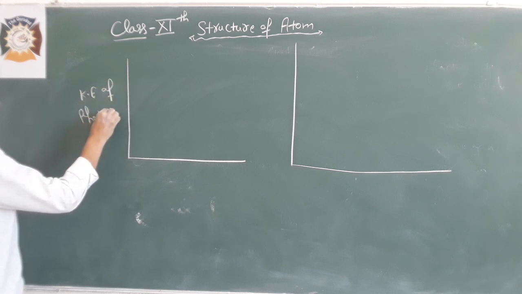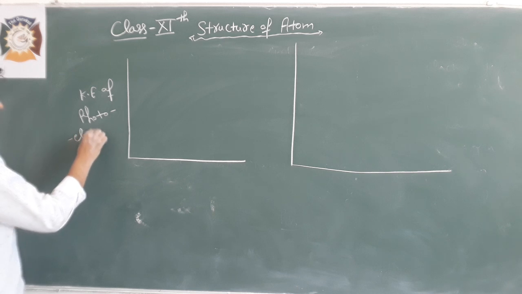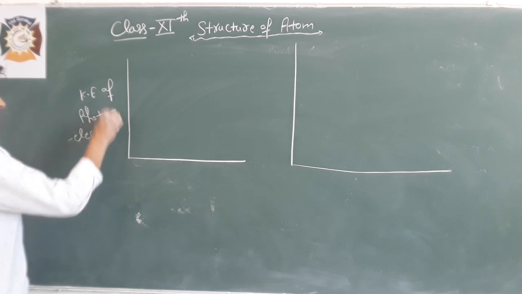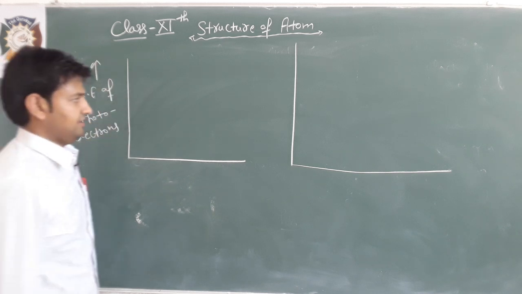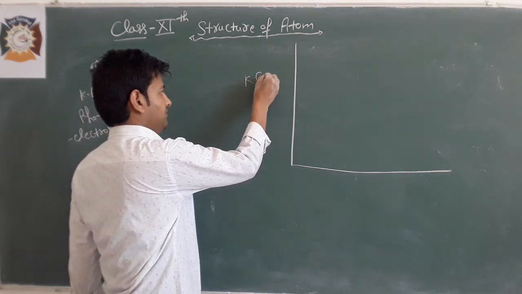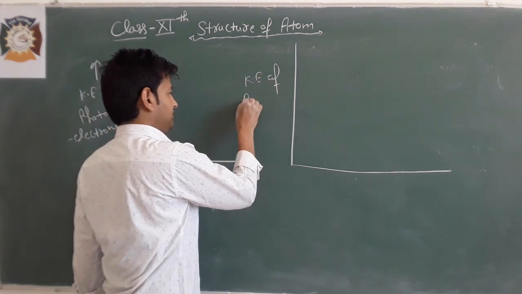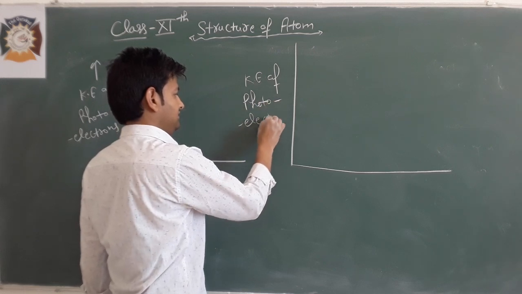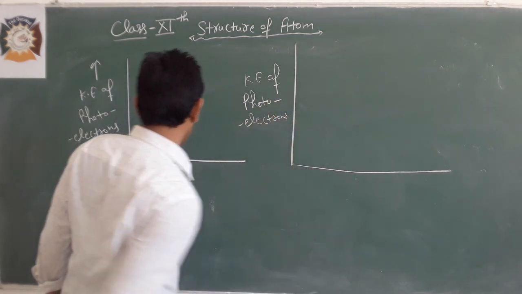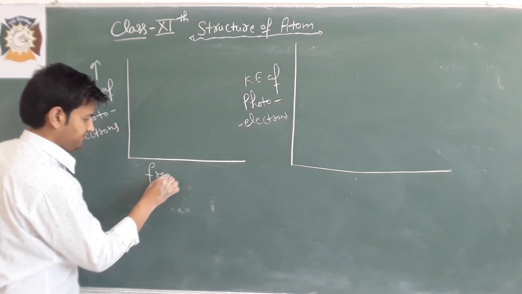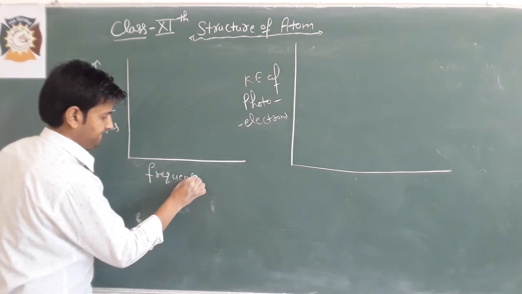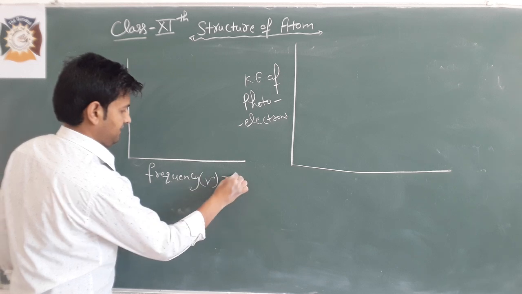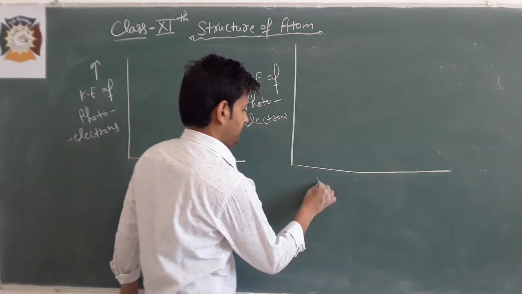Photoelectrons are those electrons which are emitted when we apply the radiation. Here is the kinetic energy of photoelectrons, first with the frequency and second with the intensity.